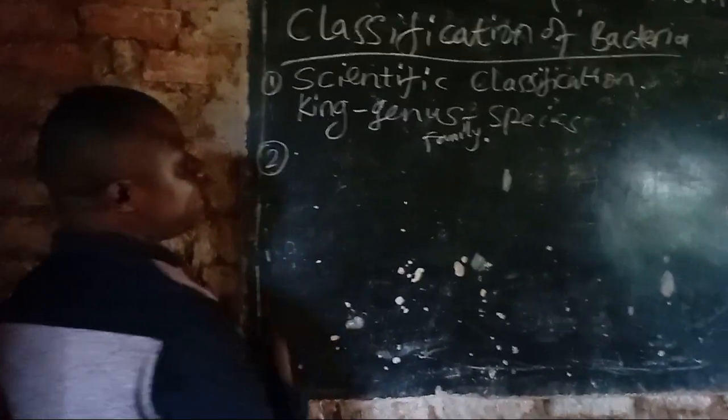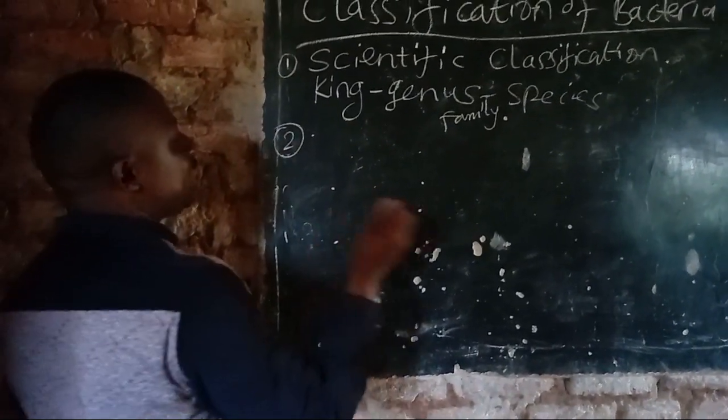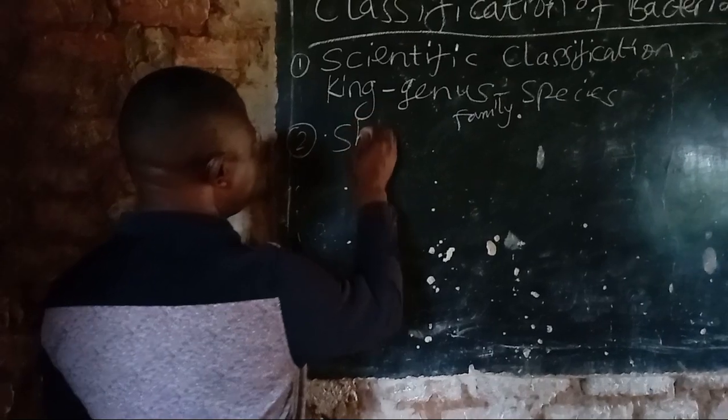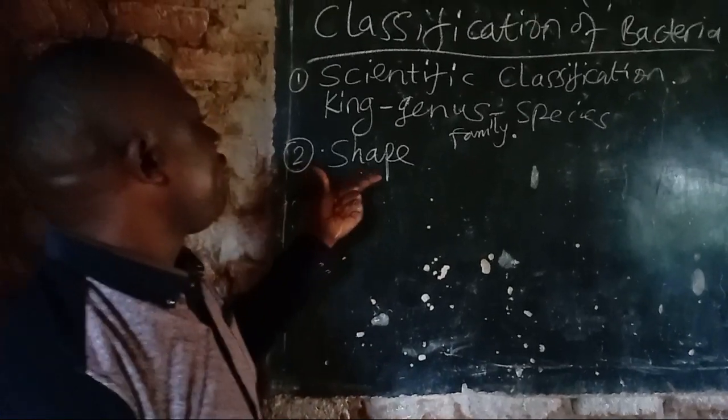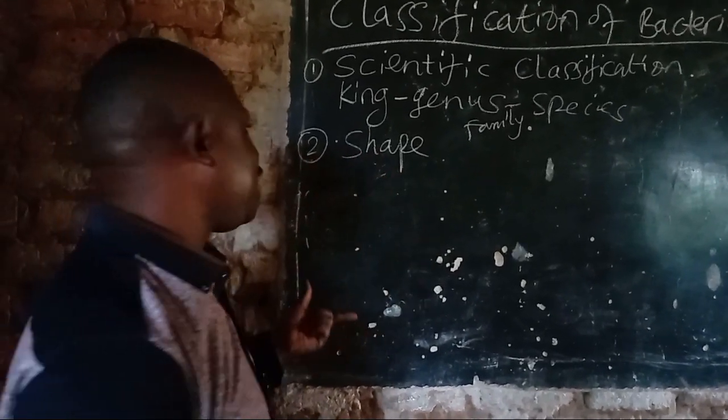Another way of classifying is by shape. We can classify bacteria according to their shape.